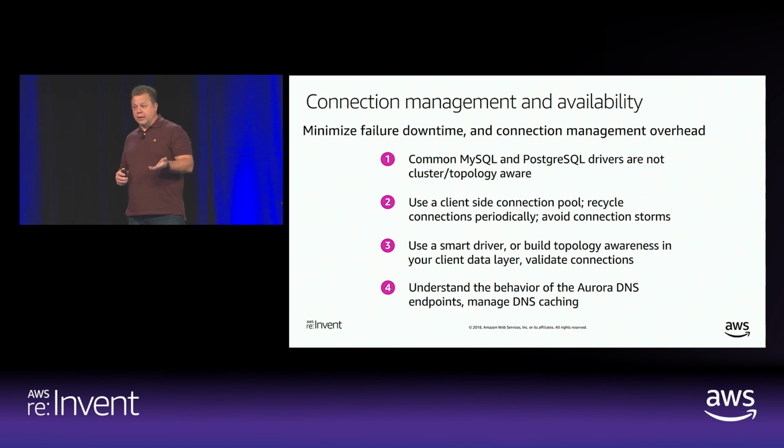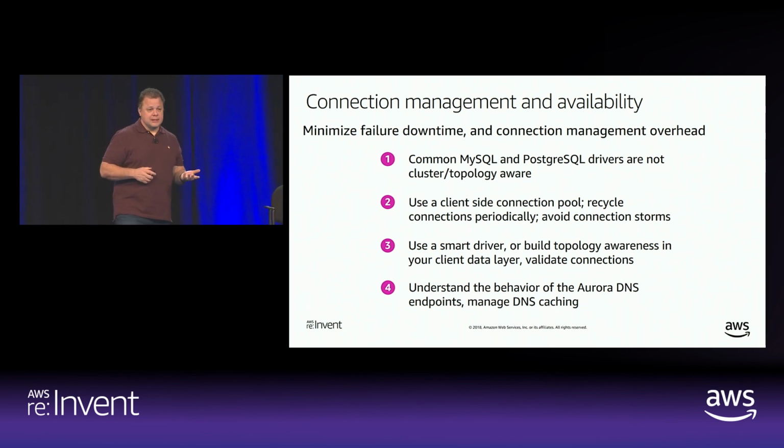Use a smart driver like the MariaDB driver, for example, or build topology awareness in your client data layer, and validate connections. Something that I see sometimes with customers is during a failover event, if their application is not aware that there will be a failover, what happens is that the writer becomes one of the readers, and one of the readers becomes a writer.